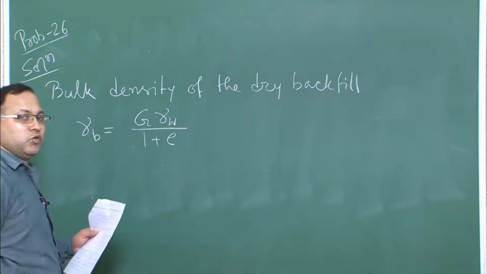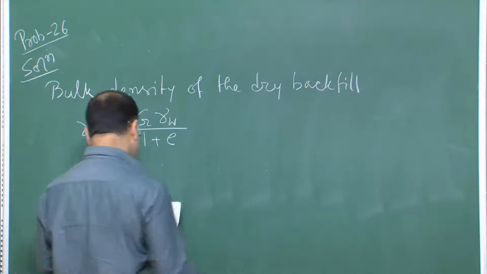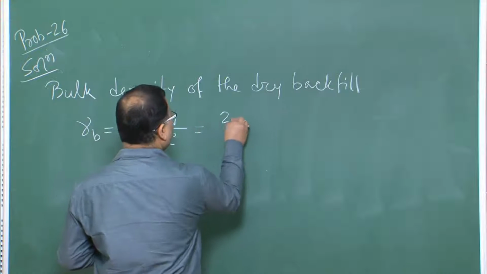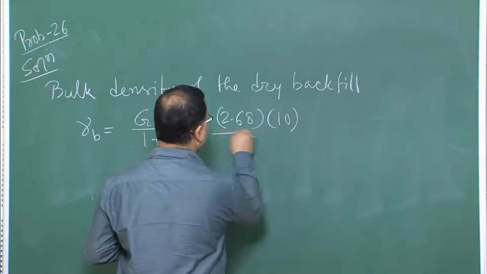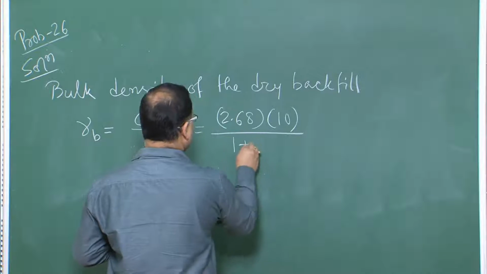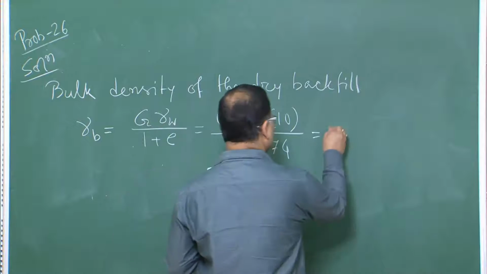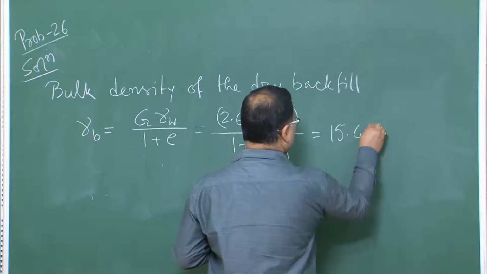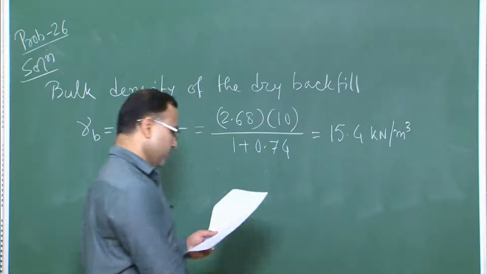So, this expression you know from the basic definition of your bulk density. So, from this I can get bulk density is equal to 15.4 kilonewton per meter cube.